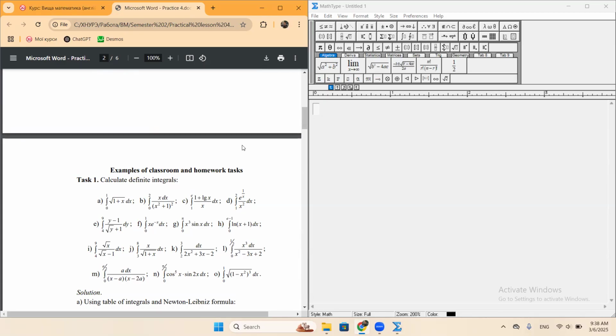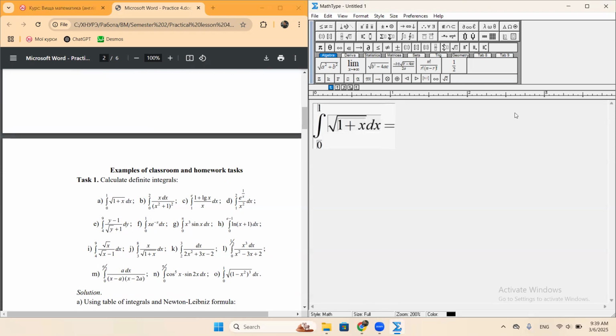So let's start. First of all, calculating this integral: from 0 to 1, square root of 1 plus x dx.